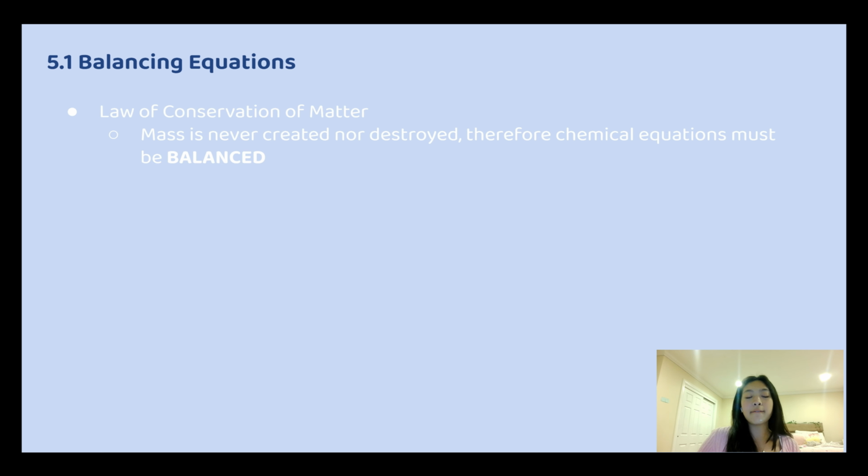So let's say we have 5 oxygen in the reactant side. To balance the equation, there must be 5 oxygen in the product side. If an equation had, like, 2 hydrogen in the product side, but it had 5 hydrogen in the reactant side, we must balance this and manipulate the variables so that it conforms to the law of conservation of matter.